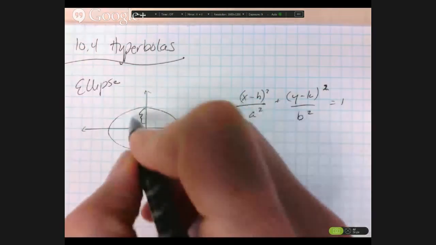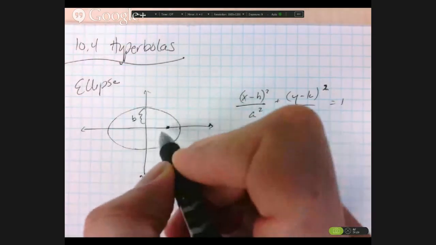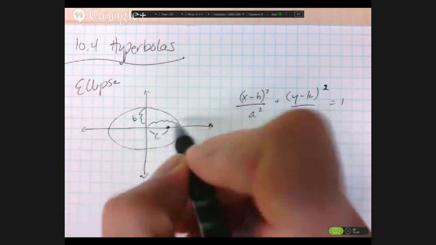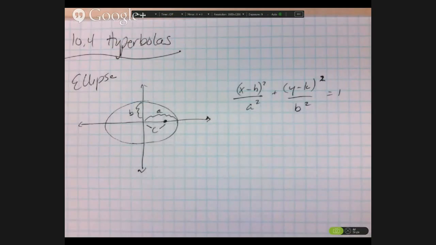Remember B, A, and C. Those values are going to come into play again. Those values are going to be pretty much the same for a hyperbola.